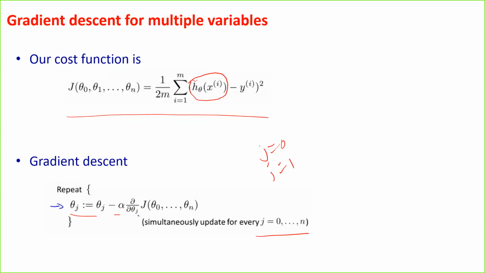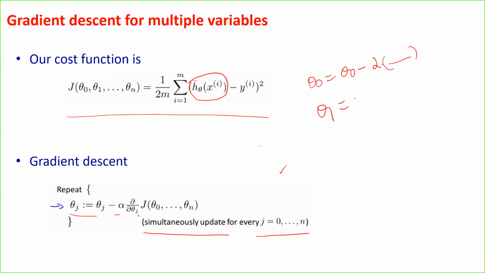One more point: if you can follow, it's okay. Otherwise, don't worry about this point, but let me try to explain. There is one point mentioned here: simultaneously update for every j equal to 0 to n. What do we mean by that? When you are updating theta values, you update this way: theta naught equals theta naught minus alpha times the derivative of J with respect to theta naught, which is, let's say, something.